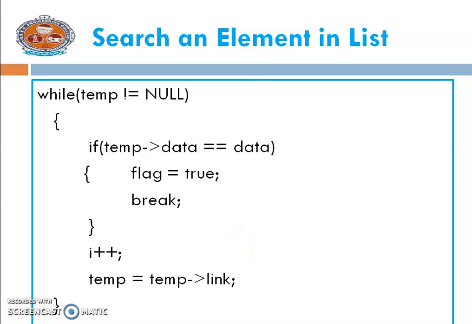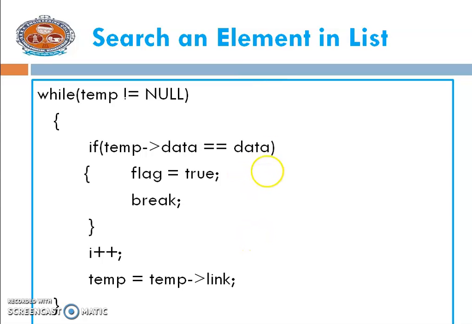And the next operation is searching for an element in the list. Searching is performed in order to find the location of a particular element in the list. Searching for any element in the linked list means traversing through the list and comparing every element of the list with the specified element. If the element matches any of the list elements, then the location of the element is returned from the function.